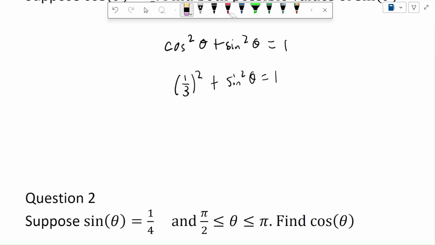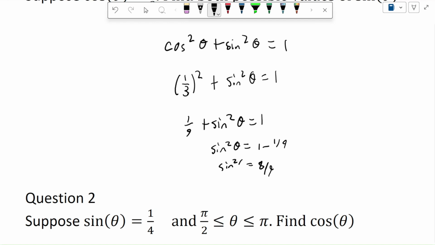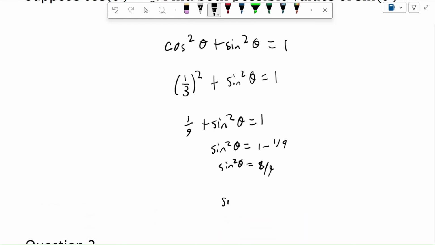Okay. A third squared is a ninth. You square the top and you square the bottom. You can then subtract to get sine squared theta is 1 take a ninth. You get a whole pizza, you take one piece out of 9, you're left with 8 out of 9. That's sine squared theta. So sine is the square root of 8 over 9. You can square root the top and the bottom.